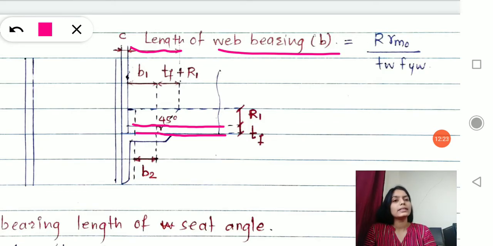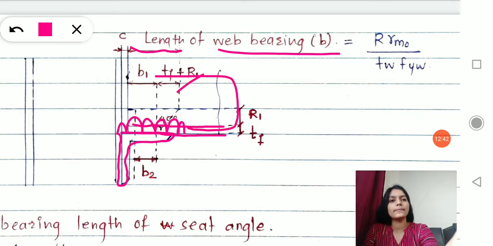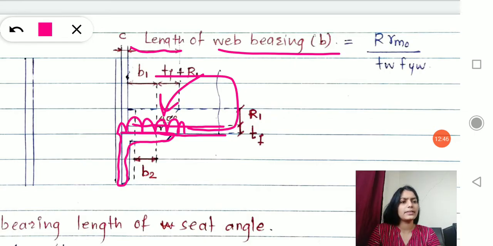So see, this is your seat angle, and on the seat angle you have a UDL. What kind of a UDL is it? It is the force transferred from the beam, from this beam region, to the angle, correct?